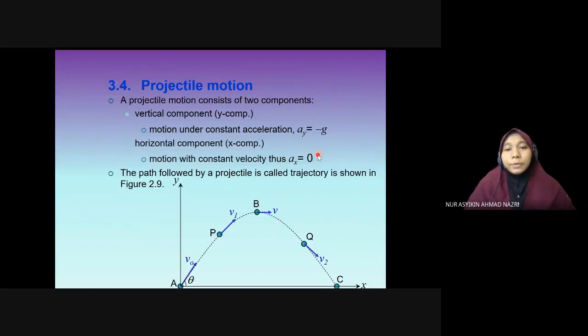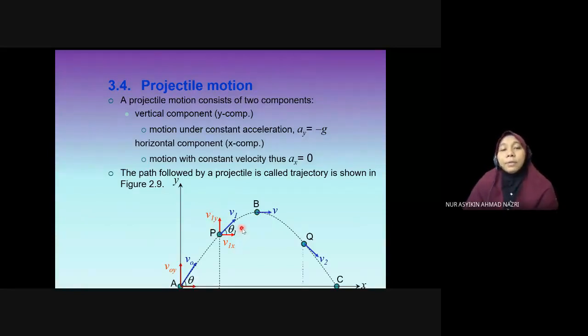Alright, so that's the difference. You have an X component. Okay, so this angle is different from this angle.